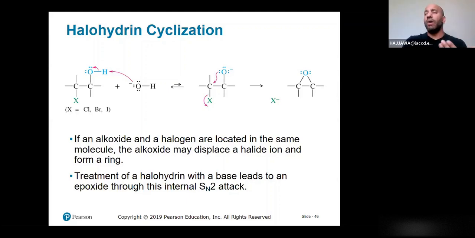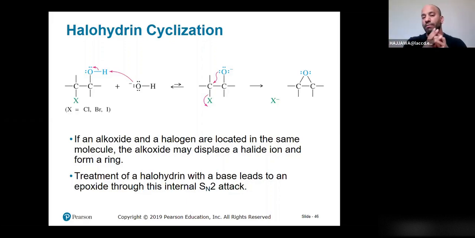Once I make the halohydrin, reacting it with a base, such as hydroxide, is going to pick an acidic hydrogen, that's the alcohol hydrogen. What's going to happen next is it will generate an O-. That O- will attack the carbon bearing the X to generate an epoxide. So every single time I have a structure that has an alcohol and a halogen, there is a way that I can make an epoxide out of it, or a cyclic ether.